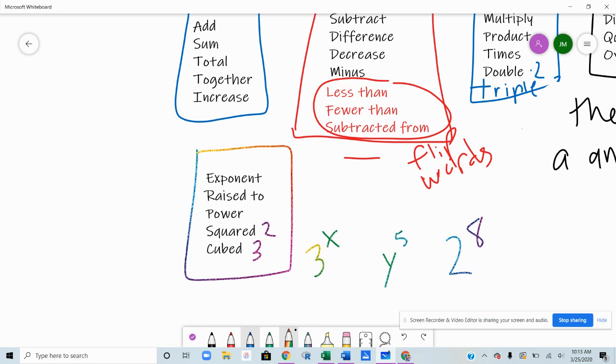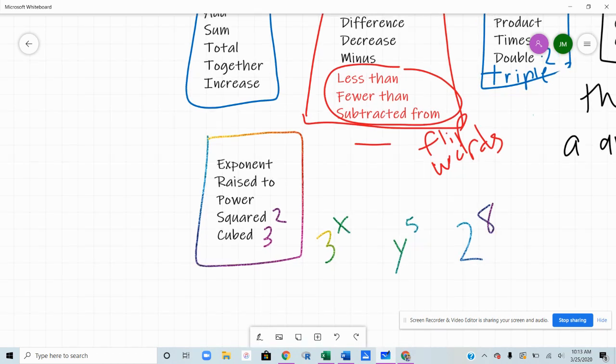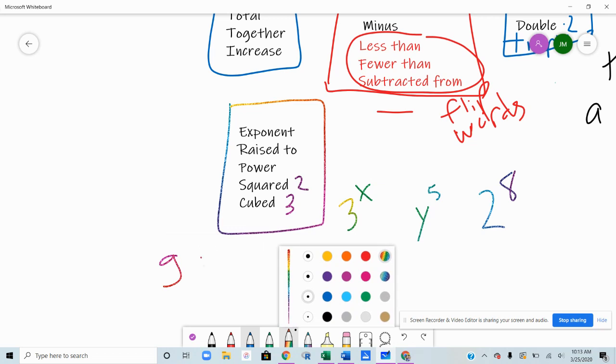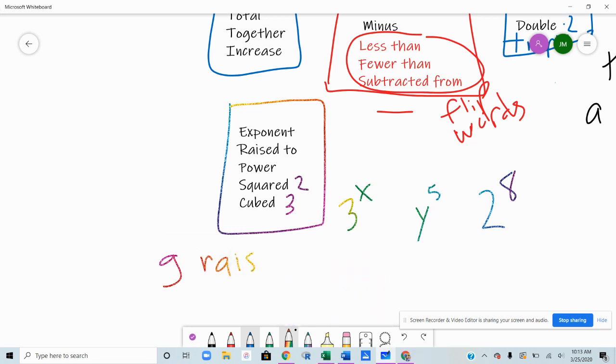So any of those would let you know that you're going to use an exponent. So it might say something like G raised to the 4th. Let you know you're going to do G to the 4th. Okay.